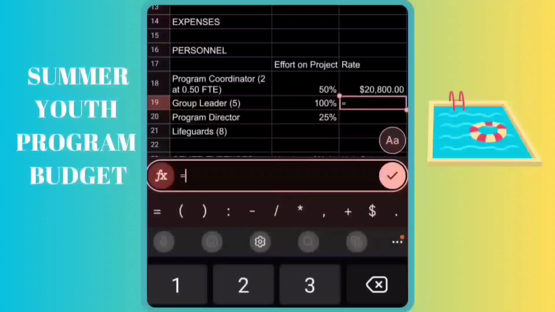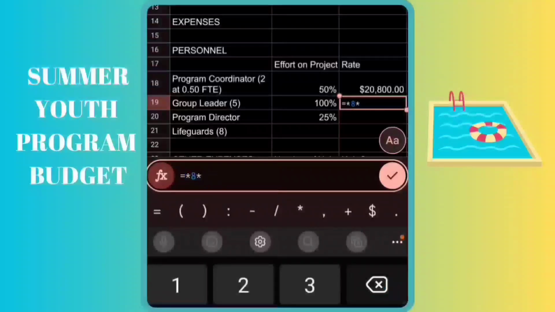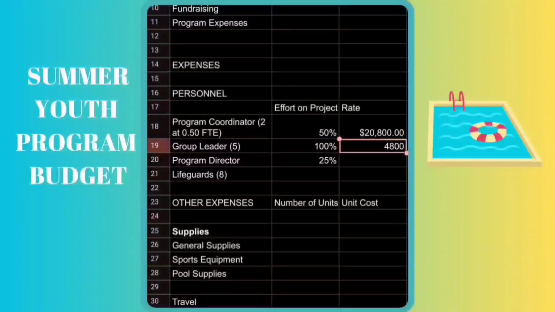So we're setting up another formula here, and that's going to be 20 hours a week times 8 weeks for the summer. Maybe the camp is 7 weeks plus an additional week of planning. Okay, let's do 30 hours a week, and we did $20 an hour.